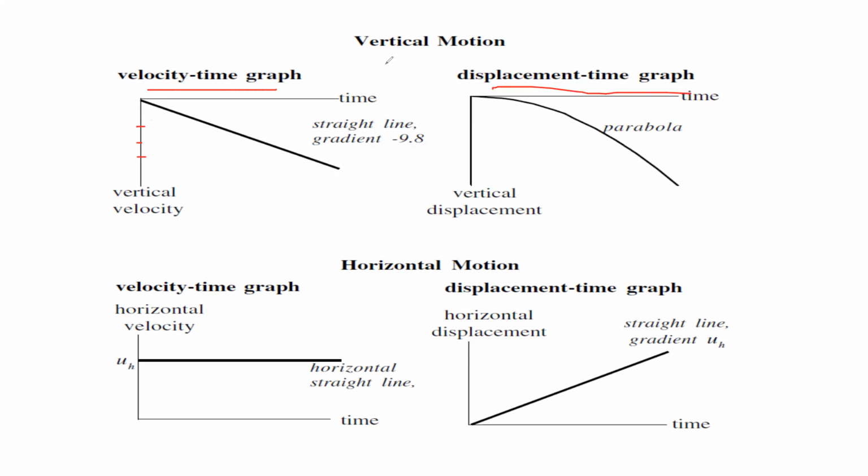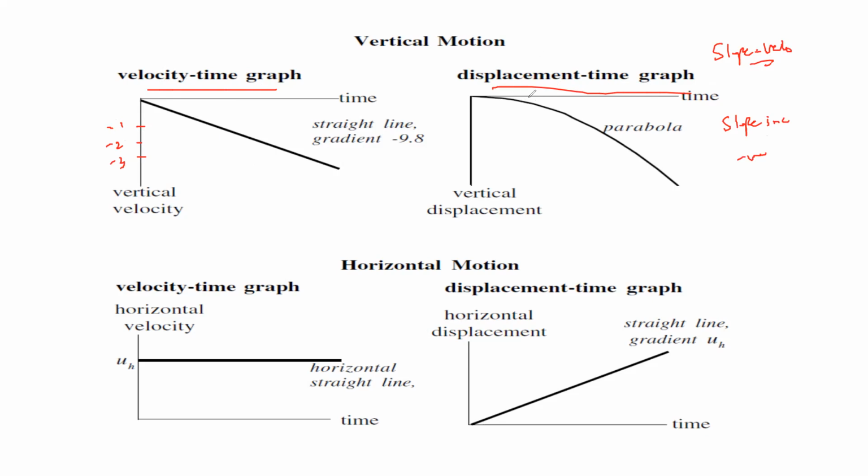So how do we sketch a displacement time graph from a velocity time graph? We know the slope of a displacement time graph represents velocity. Here velocity is increasing and it is a negative value, like -1, -2, -3. What does it mean? It means the slope should increase and it should be negative.